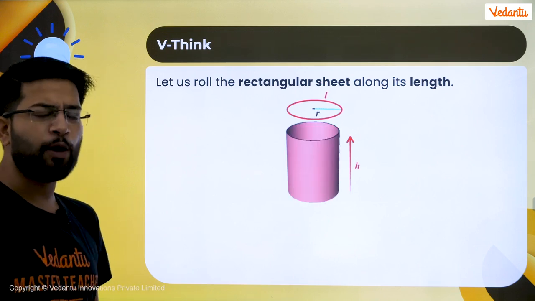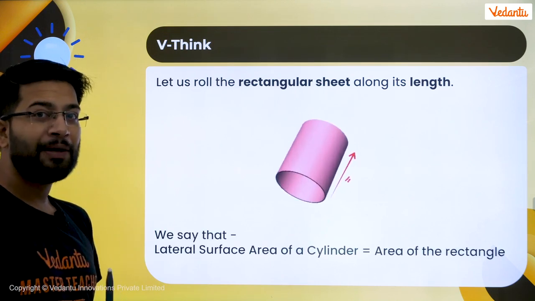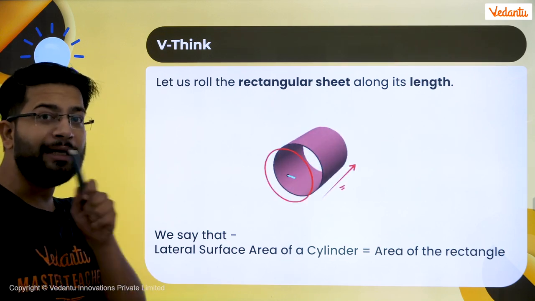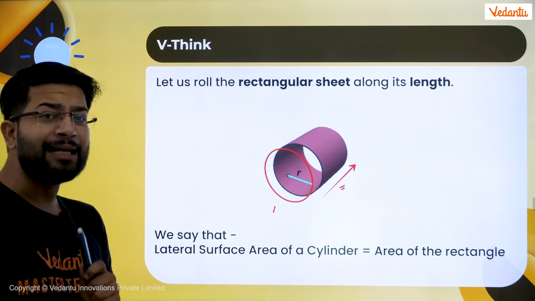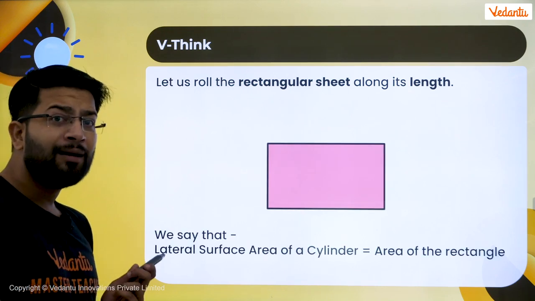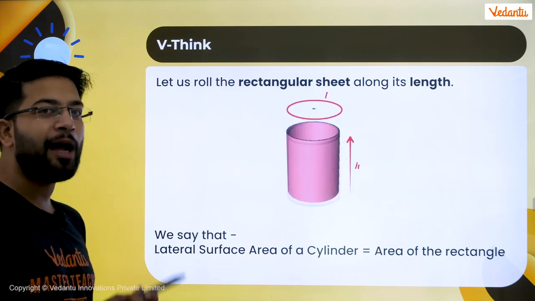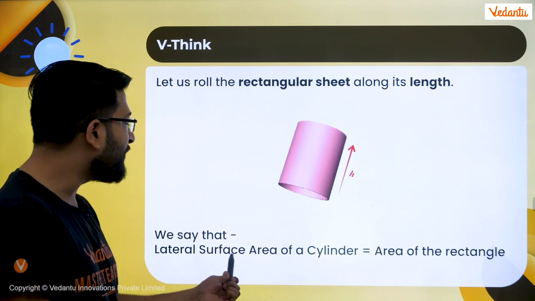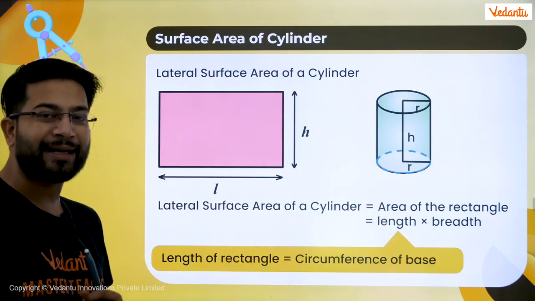And we can see one thing over here, champ: whatever is the area of the rectangle, that area is getting converted into the lateral surface area of the cylinder. Yes, so we can say that the lateral surface area of the cylinder is equal to the area of the rectangle.